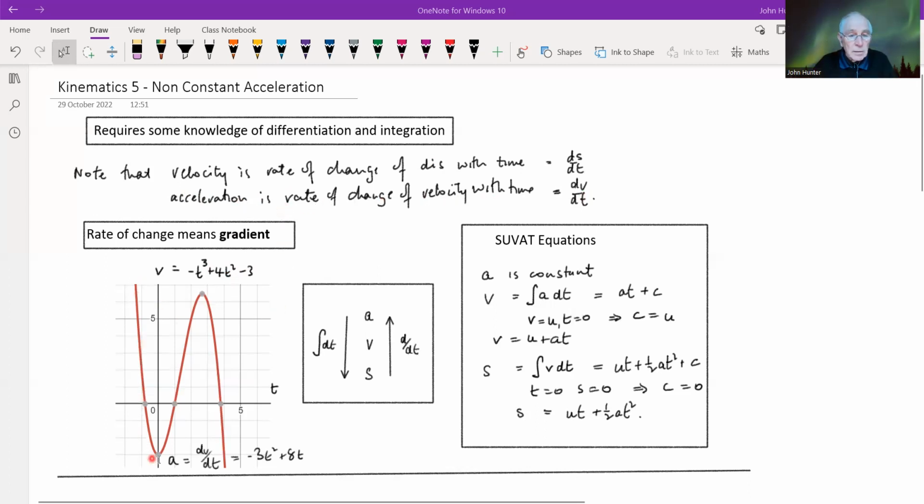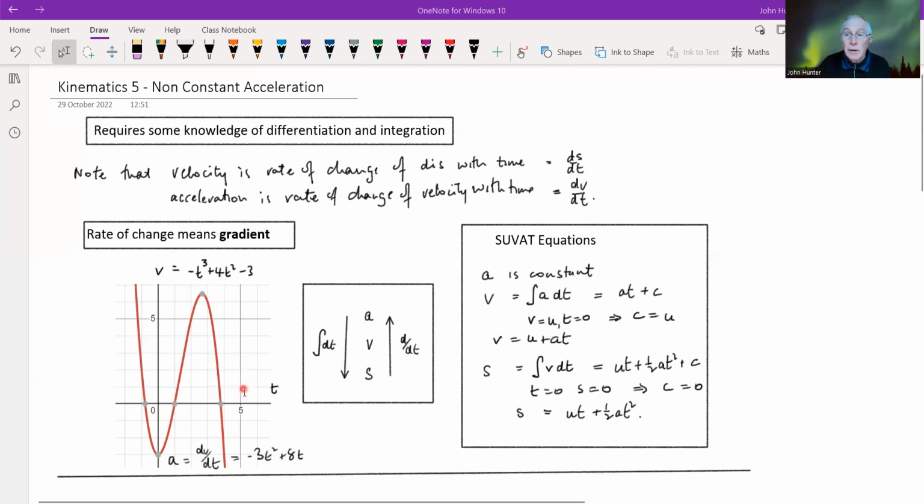Now, what's the gradient on this curve? Well, it depends on what the value of t is. So the gradient function, and therefore the acceleration function, is going to be a function of t. So we're going to expect to see t in there. It won't be a constant, of course, which is why it's non-constant acceleration.